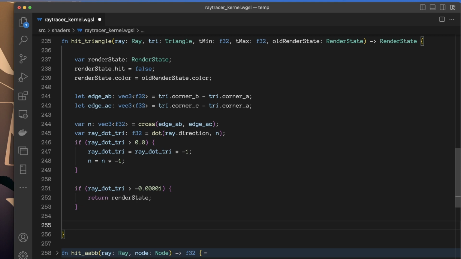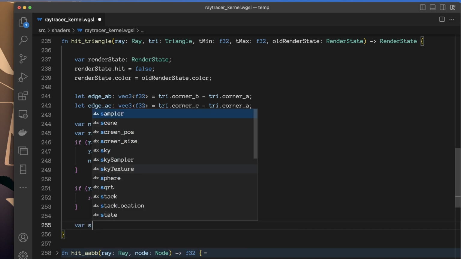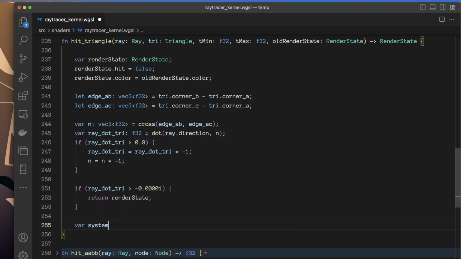Okay, so if we get to this point, then we can start solving for U, V, and T. I'll set up my system matrix that I'll be using for Cramer's rule. This will be a 3x3 matrix.